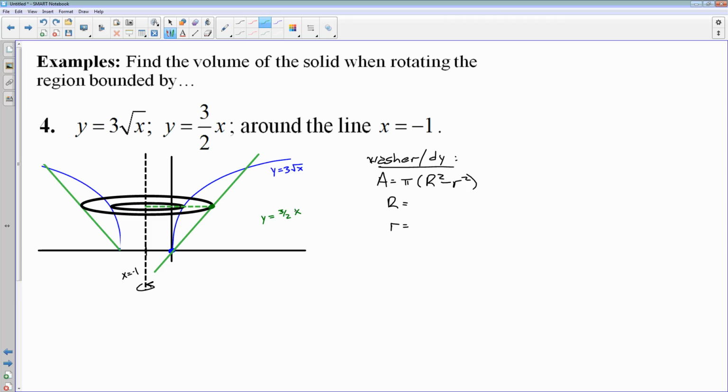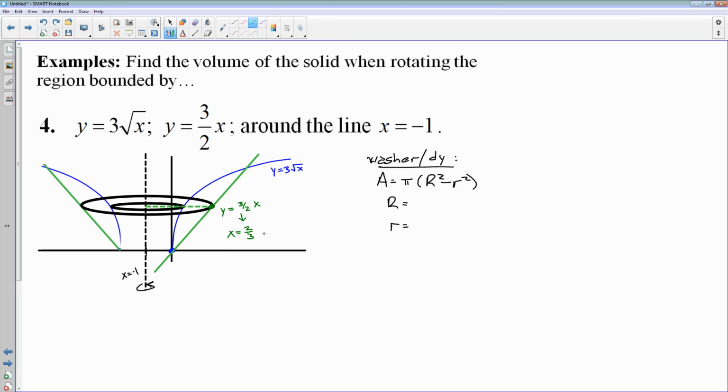I almost caught myself. I was going to say 3 halves x, but 3 halves x won't work for the right point because this is a dy. I've got to take my equations and solve both of these equations for x to get them in terms of y. If y is equal to 3 halves x, I would multiply both sides by 2/3, and x equals 2/3 y.